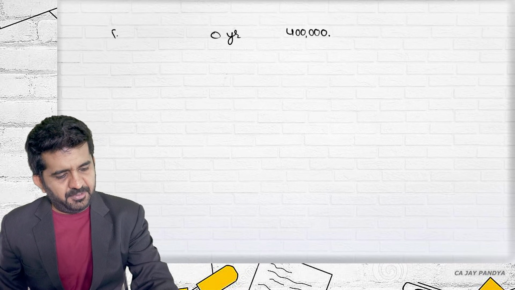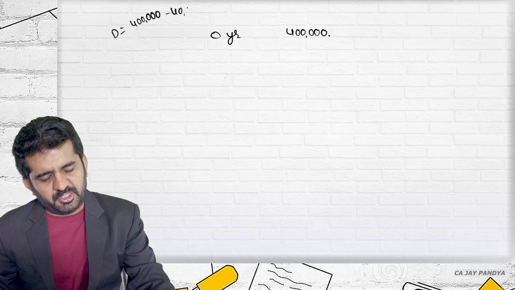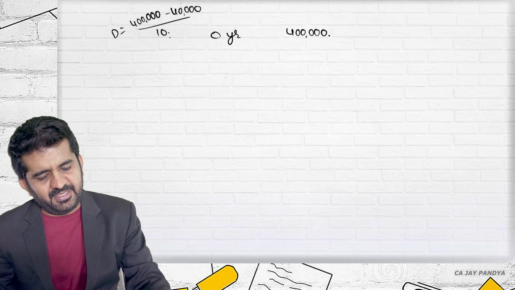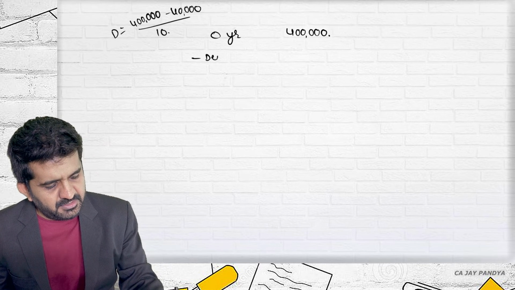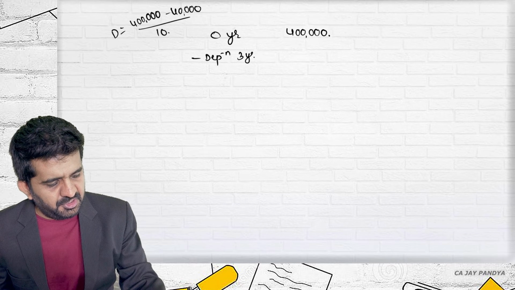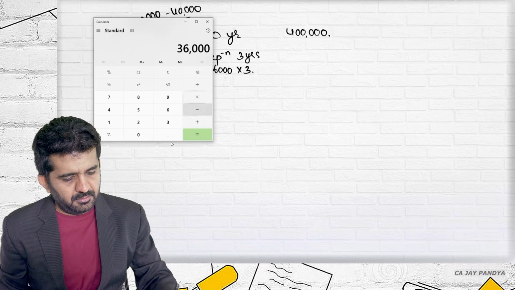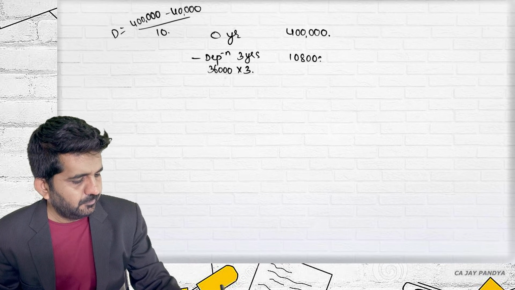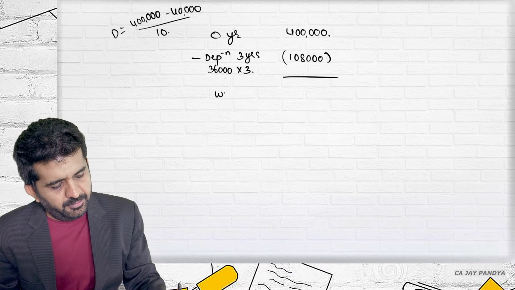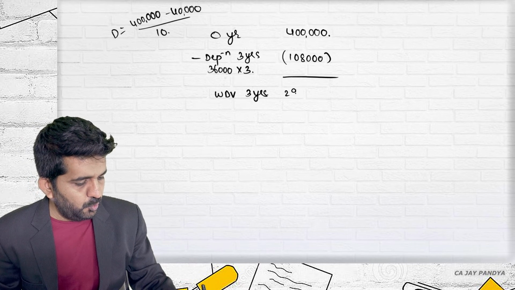Every year depreciation will be 4 lakh minus 40,000 divided by 10. This is 36,000. Depreciation for 3 years is 36,000 into 3, this is 1,08,000. WDV after 3 years is 2,92,000.